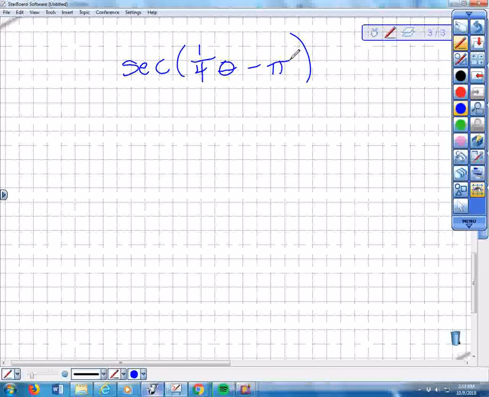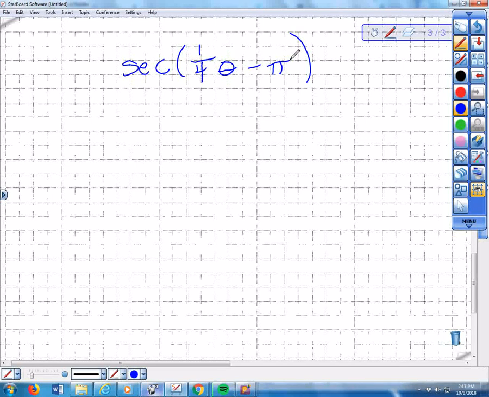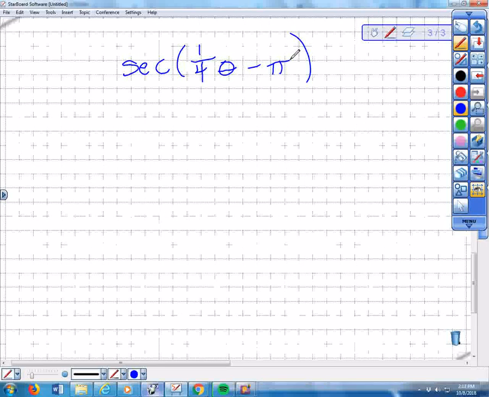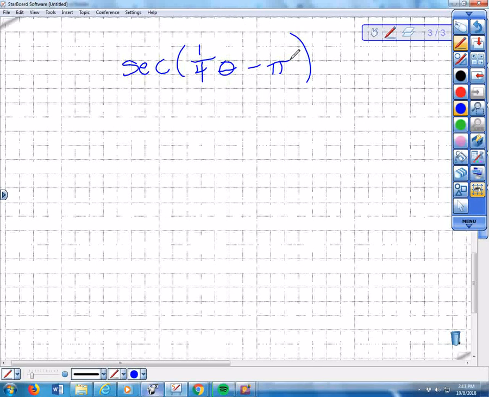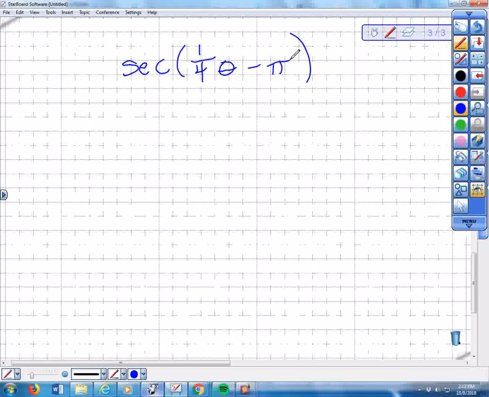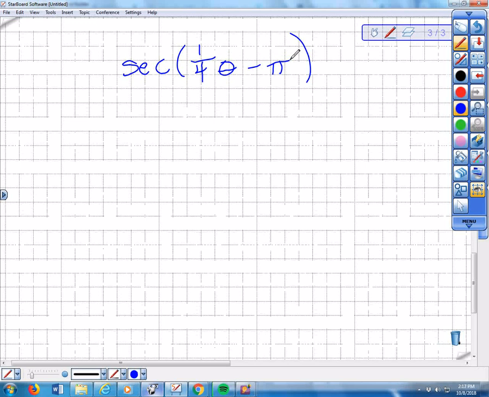Well, for me, the easiest way to graph this one is to graph cosine. Because once I know cosine and then where cosine is 0, I can find the asymptotes, and I just find the peak and valley of the cosine graph and draw a parabola, right? So I want cosine.